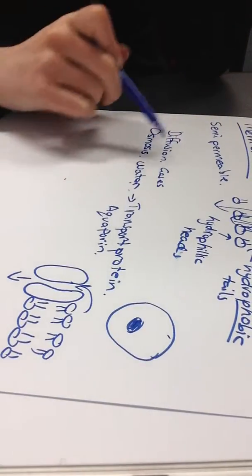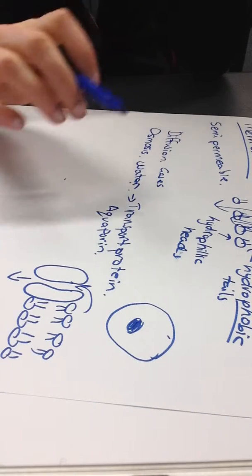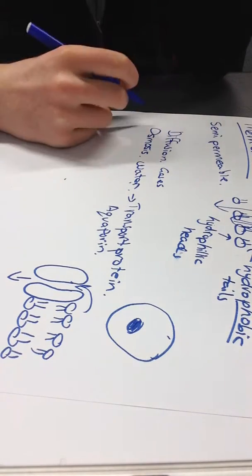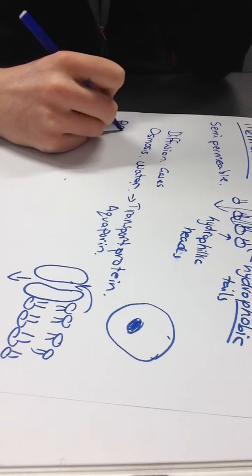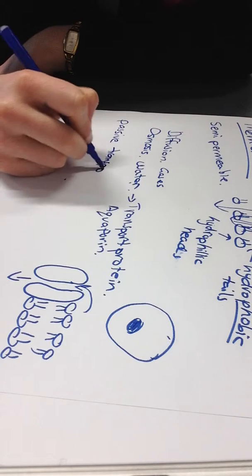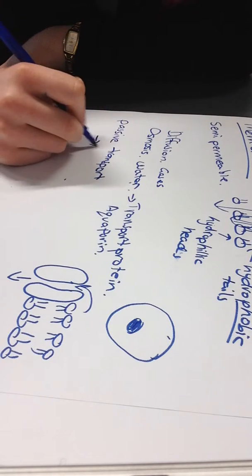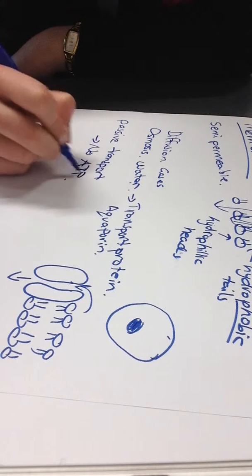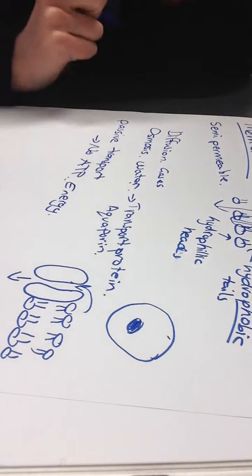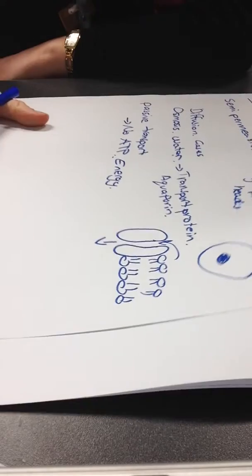Basically diffusion and osmosis are what we call passive transport. Passive transport means no ATP is required, so no energy is needed. It just happens by itself.